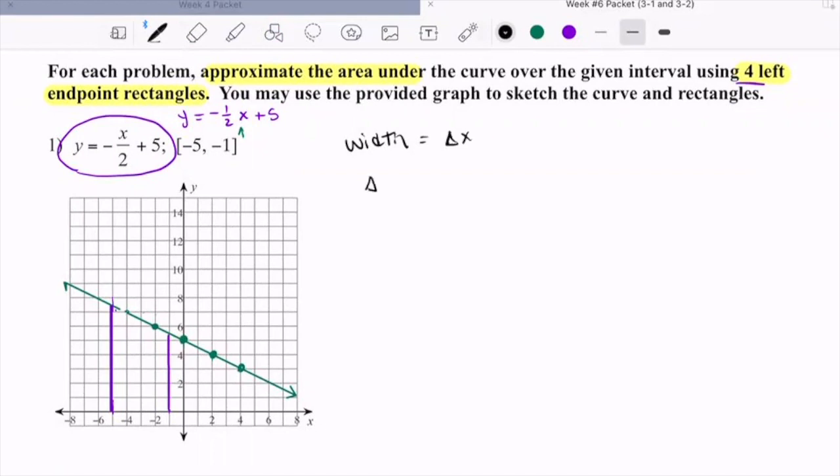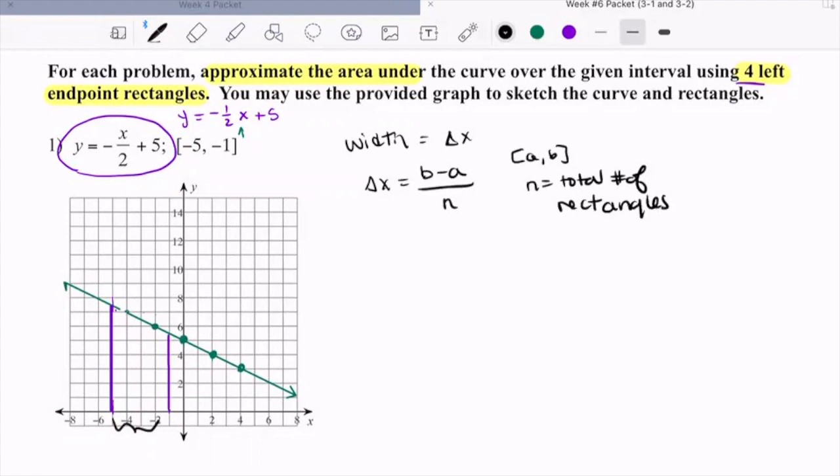And that width is going to be equal to the total distance or length of our interval, that would be b minus a if our interval was a to b, divided by n, where n is equal to the total number of rectangles that we are using.